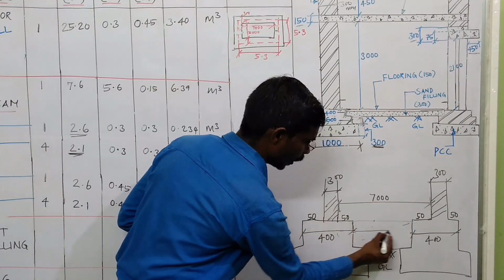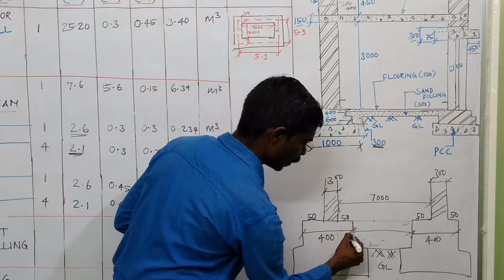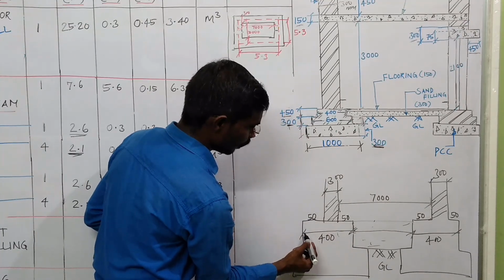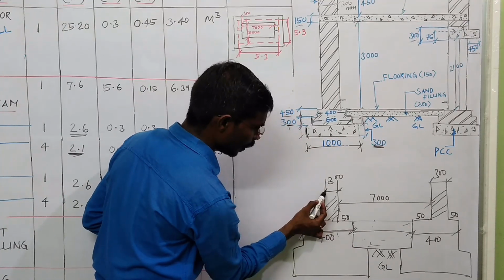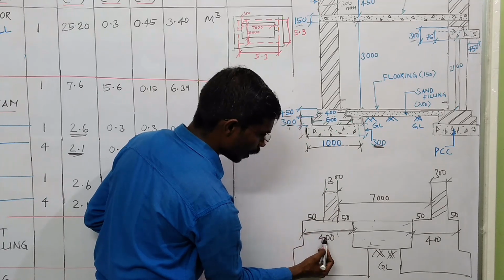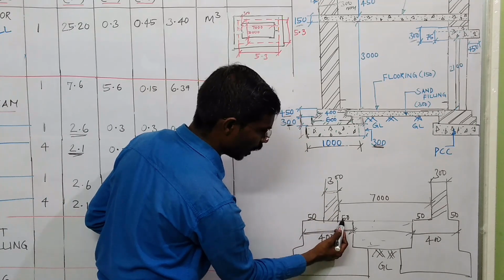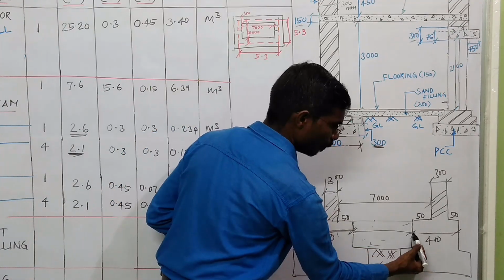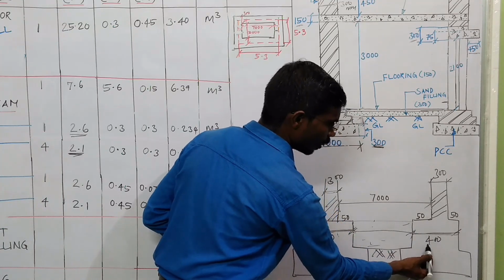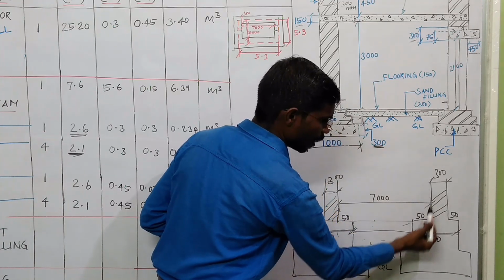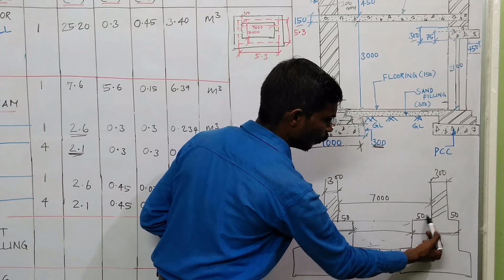So we need to calculate this length only. The basement footing is 400, the wall thickness 300, remaining 50 mm, 50 mm on both sides.